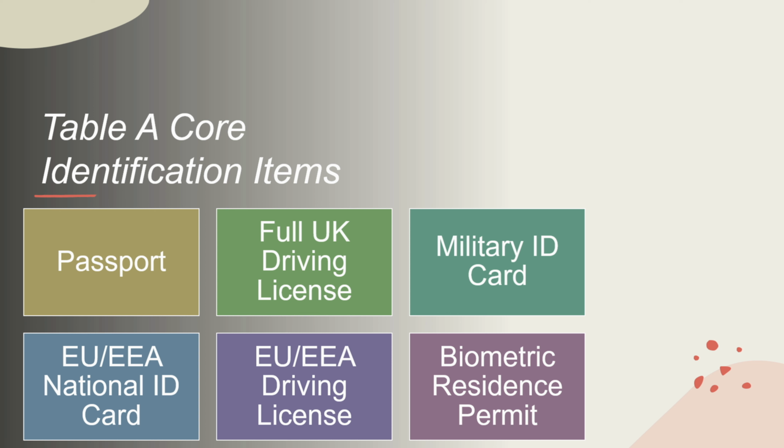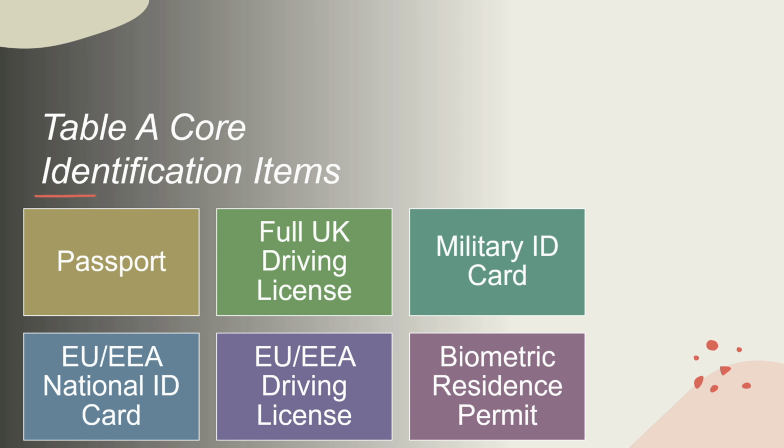You can also use a biometric resident permit. So you only need one of these from Table A, core identification items. Now we'll move to Table B to see what we're going to need.